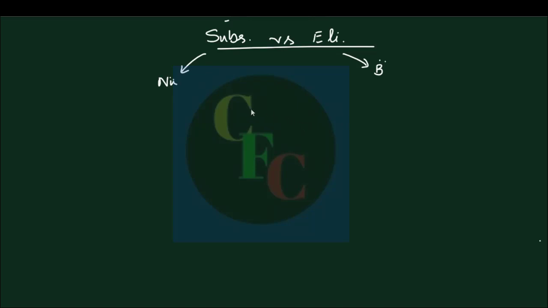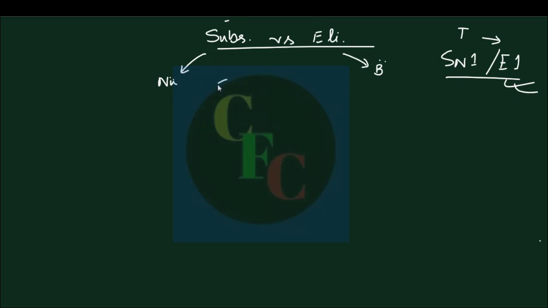So we have already discussed that SN1 and E1 are only possible for tertiary alkyl halides, because a stable carbocation is formed only by tertiary substrates, and SN1 is favored at lower temperatures, and as you increase the temperature, elimination is favored.